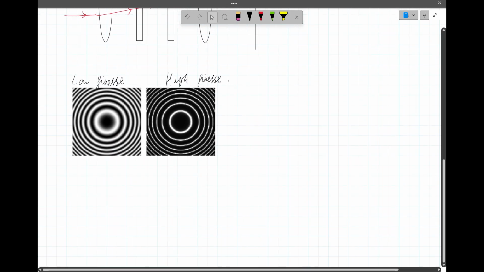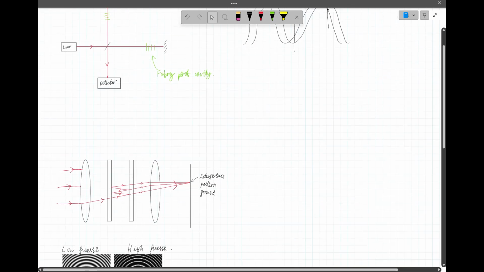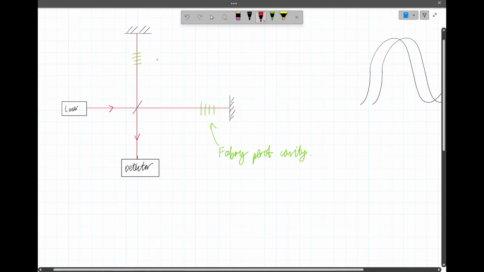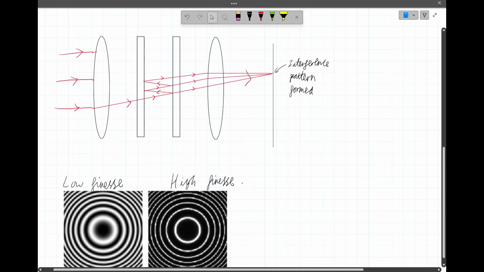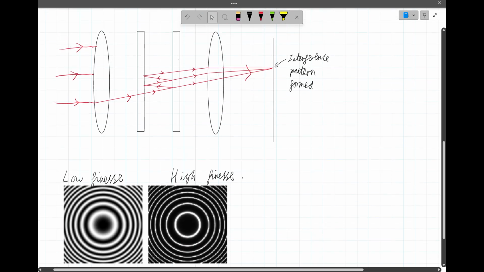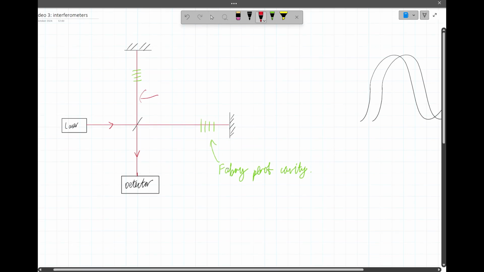And so if gravitational waves pass through the interferometer, then they're going to have different finesse. Therefore, the interference pattern is going to look quite different for these two separate lasers, right?